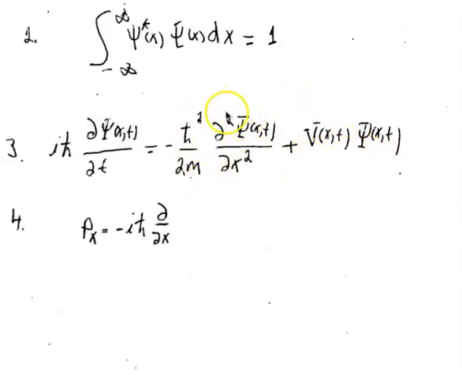But the difference is now the kinetic energy term looks a bit odd. It's negative h bar squared over 2m, the second derivative of psi with respect to the x coordinate. And then the potential is the potential energy times the wave function. So solving this Schrodinger equation is the big task that we have in all of our quantum situations.